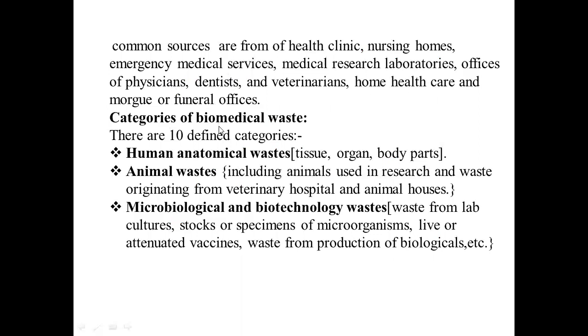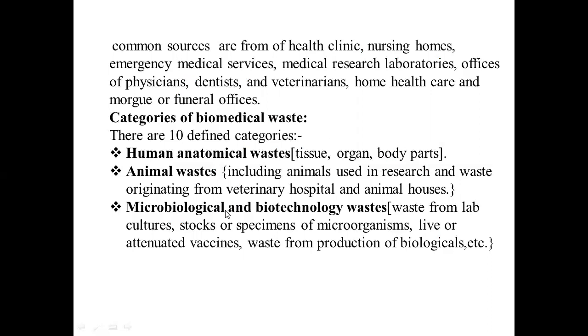There are 10 varieties of biomedical waste. One is human anatomical waste, that may be tissues, organs, or body parts. Then comes animal waste. This mainly includes animals used in research, and waste originating from veterinary hospitals or animal houses. Then the third one is microbiological or biotechnology waste.